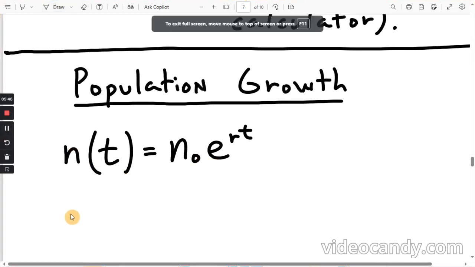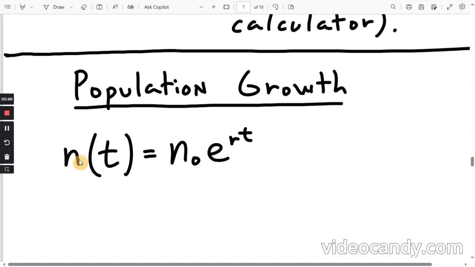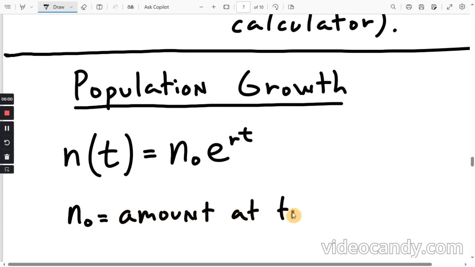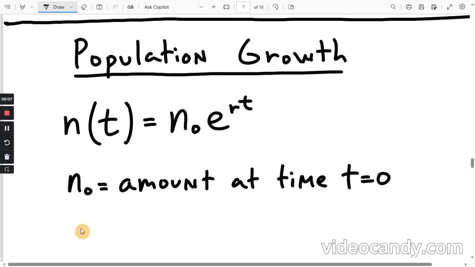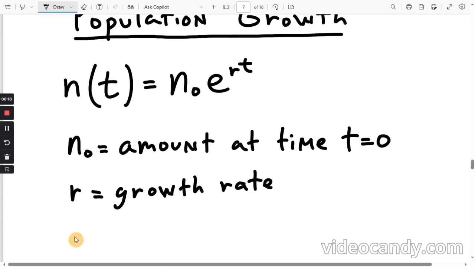So what they mean by N sub 0 is just the amount at time 0. And r is the growth rate. And t, of course, is the time.